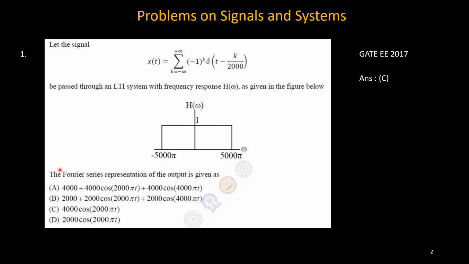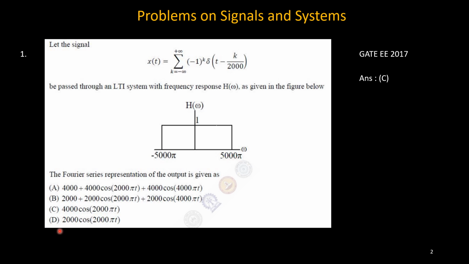Now the Fourier series representation of the output signal y(t) is given. So the output will be periodic. If a periodic signal is given to a system, the output is also periodic, and its Fourier series representation is given in 4 choices. Now we need to find the correct answer.